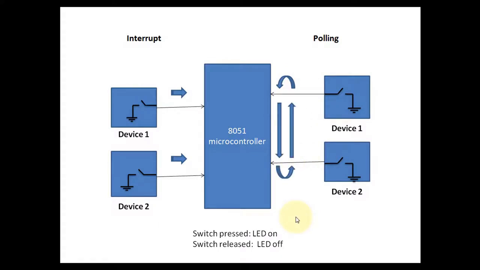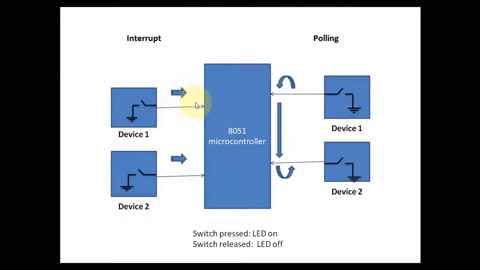Now in case of interrupt, we are not monitoring the status of these two pins. The 8051 microcontroller is performing its normal operation. Whenever there is a logic 0, or whenever there is an interrupt given to the 8051 microcontroller, it will stop its current execution of code, and it will go and execute the code written for this interrupt.